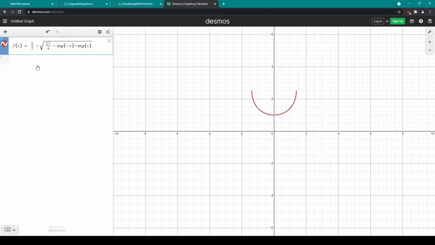Okay, we could have typed e to the x too, right? We see that our initial condition is satisfied, right? Okay, and this is what it says that the form of this plot is. Okay.